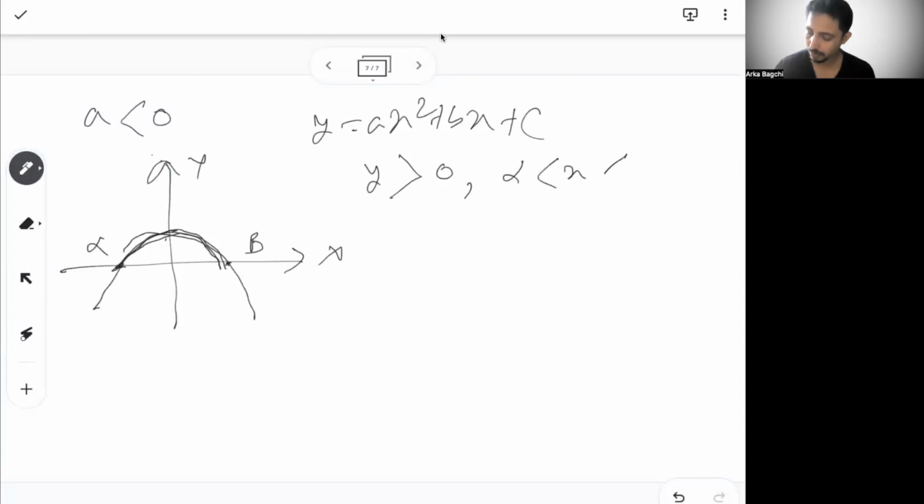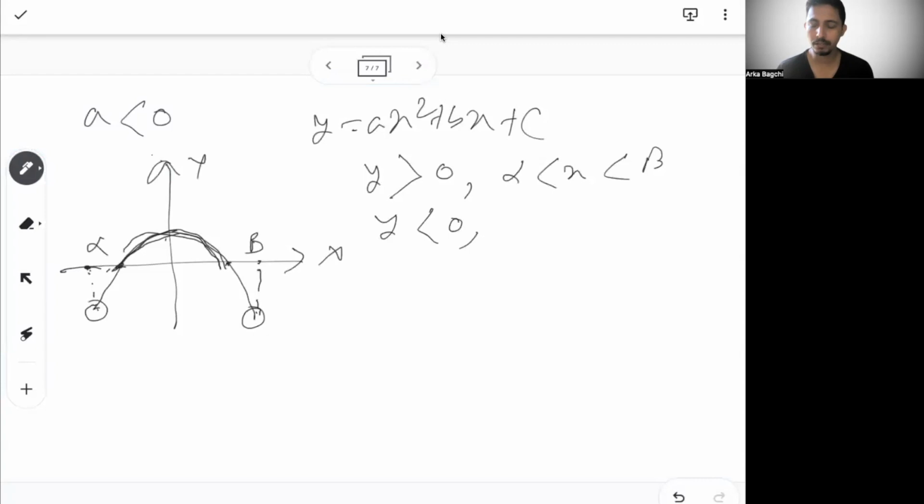Between alpha and beta y is greater than 0, and y is less than 0 if anything is towards the left of alpha or to the right of beta. So to the left of alpha, if x takes this value, your y will be negative. If x takes this value, your y will still be negative.